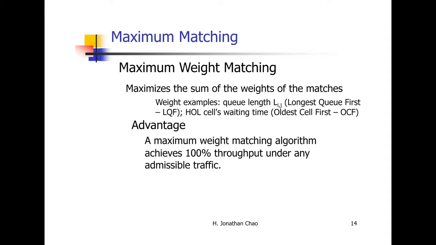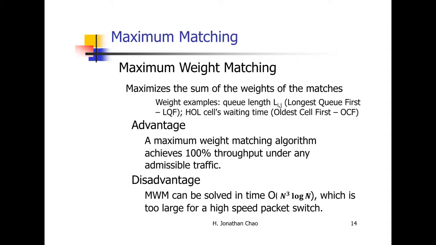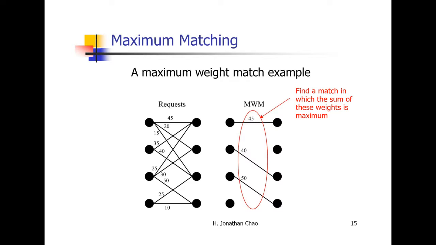The advantage of solving this algorithm is that we can always achieve 100% throughput with any admissible traffic. The disadvantage is that this problem is computationally intensive, and it can be shown that the complexity is big O of n cubed log n, which is in some cases very large.